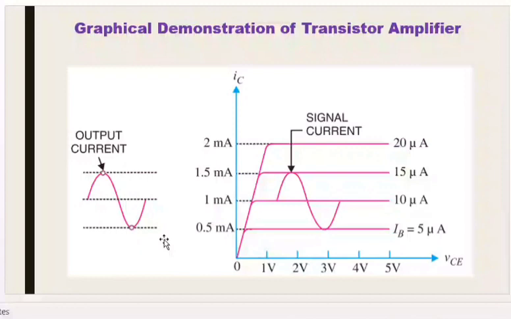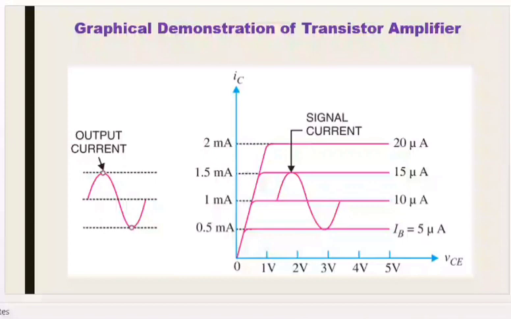Okay, students, is it clear what a single stage amplifier is and how it is working? The working principle will be explained later. Up to this point, this is the general idea of the working of a single stage transistor amplifier. This is the circuit diagram, but practical circuits, such as multi-stage amplifiers, have very complicated circuits.